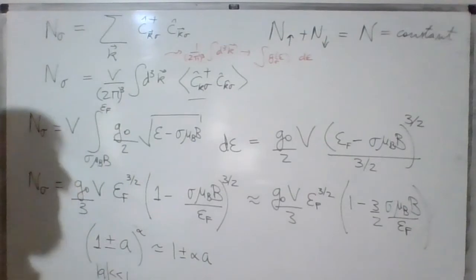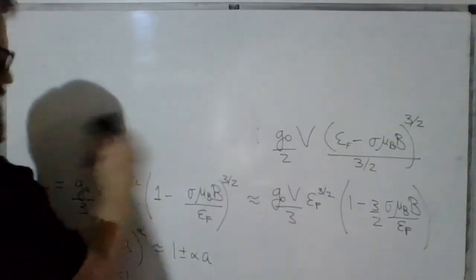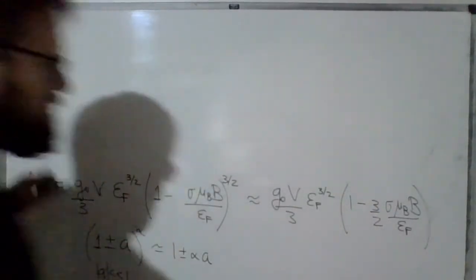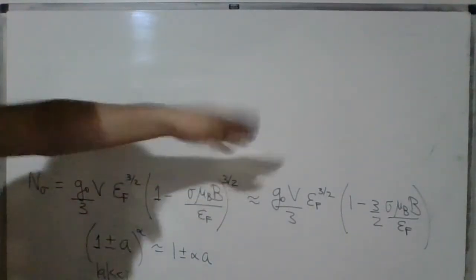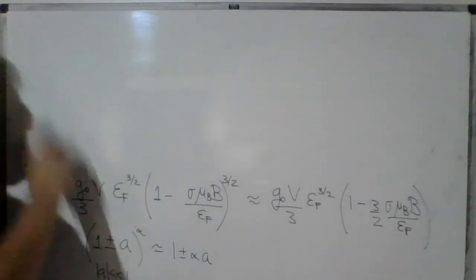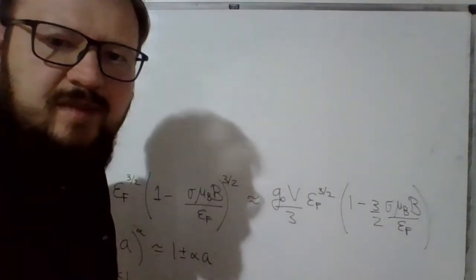And notice also the following. From the previous lecture, remember that, let us continue the calculation. But in the end, we will replace everything by the total number of particles, right?